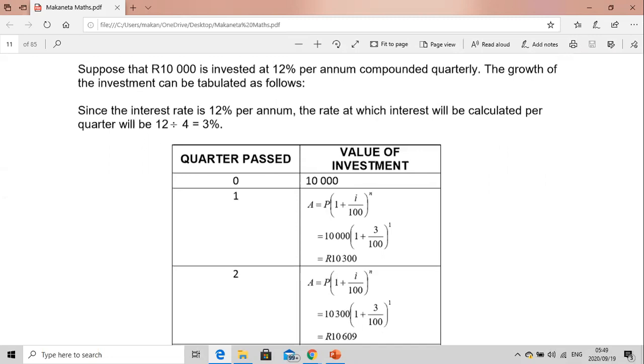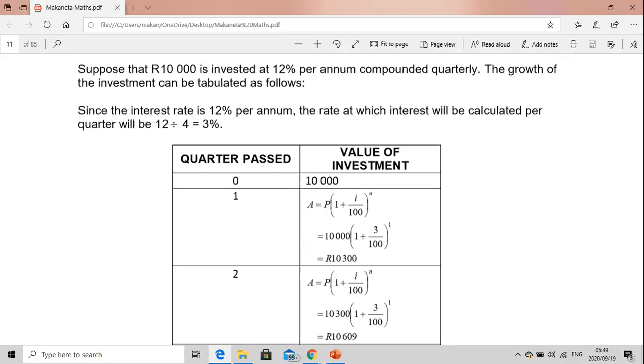Let's look at the investment of 10,000 rands, which is now invested at 12% per annum, which is compounded quarterly. We are informed that the growth of the investment can be tabulated. And of course, we know that the interest rate is 12% per annum. This is the rate at which interest will be calculated per quarter.